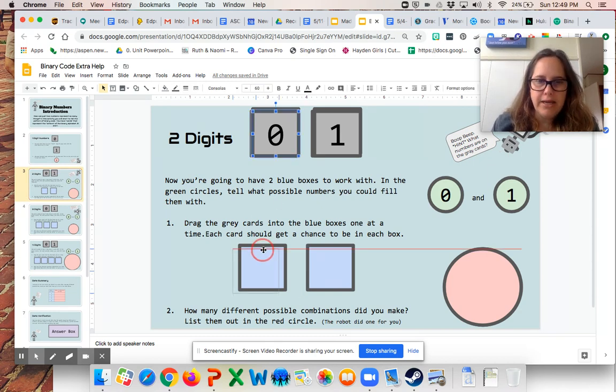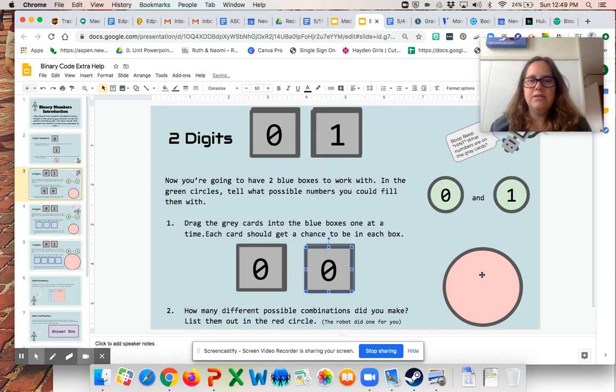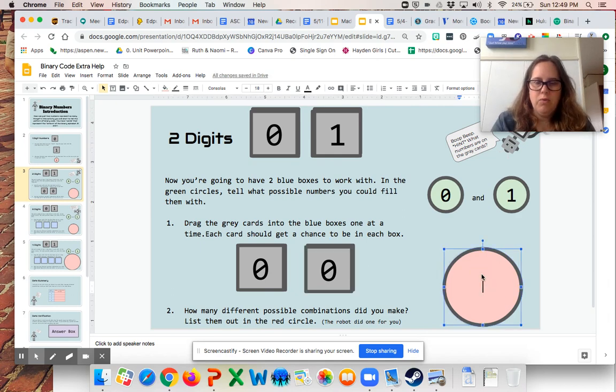So I can make a numeral that looks like this, and that would be 0, 0. And in this red box here, what I want you to do is put your options. So our first combination that you could make with 0s and 1s in a 2-digit number is 0 and 0.